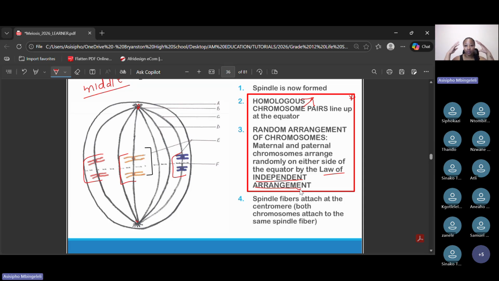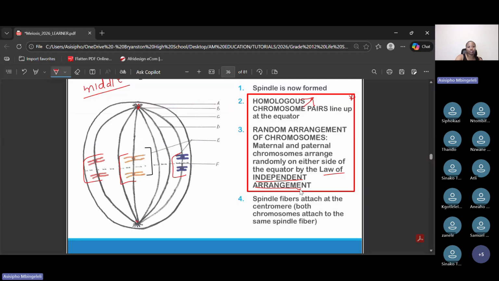So the reason we are different is also because of this. The chromosomes arrange themselves in any order. It is independent. So you can have chromosome number 21 being the first one to arrange, as a pair, and chromosome number 7, chromosome number 8, the number is independent. The arrangement of the chromosomes.